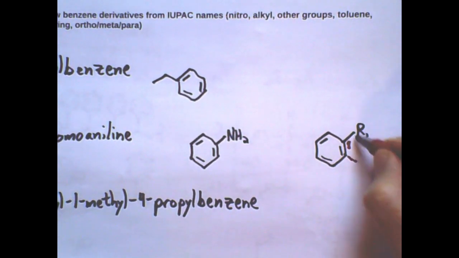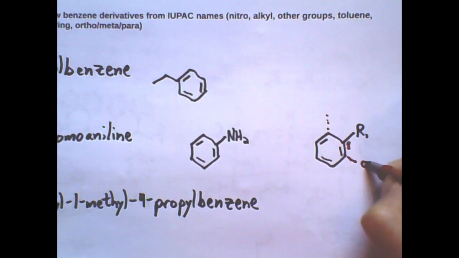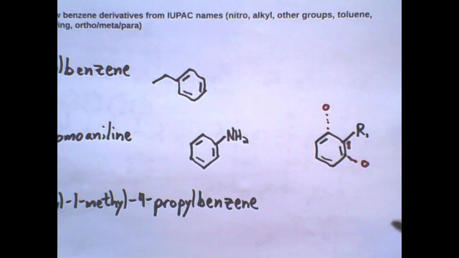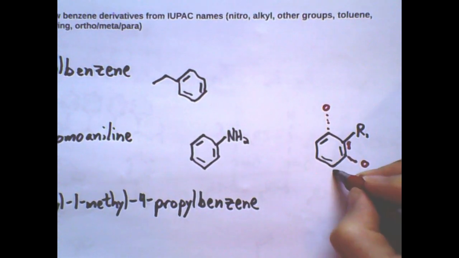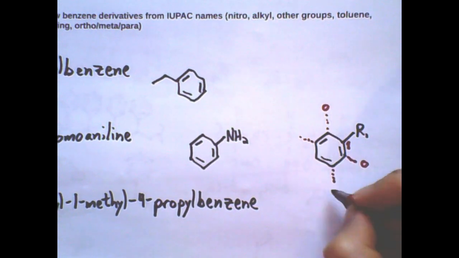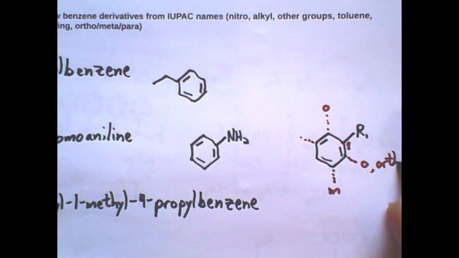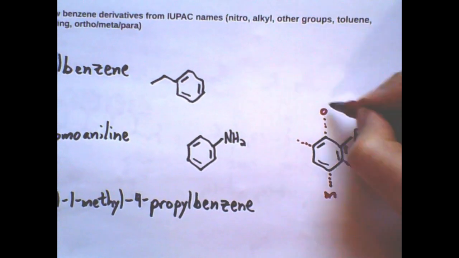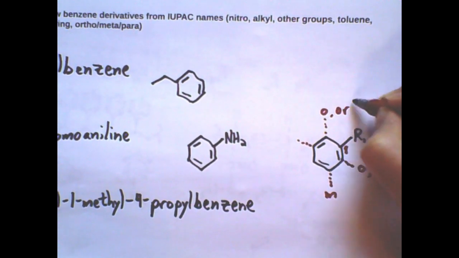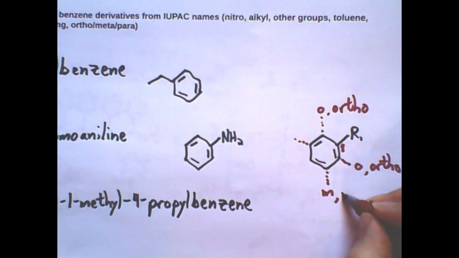If it's right next to it, we call it O for ortho. If it's 2 carbons away, it's M for meta.